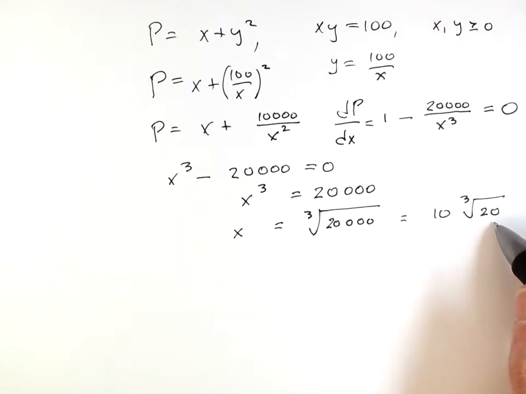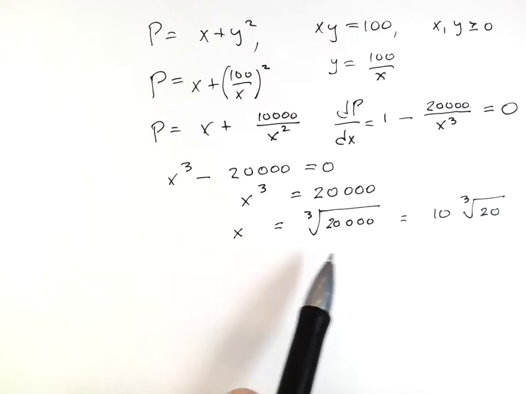So we have one critical value to consider, 10 times the cube root of 20. That is going to be the x that minimizes the sum, but we should verify this with a second derivative test. If this is all I ask you on the test, you have one critical value, that's it. You should still probably verify it with a second derivative test.